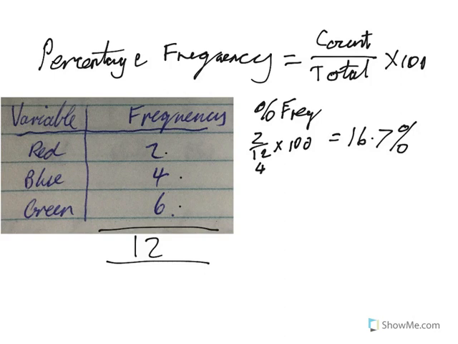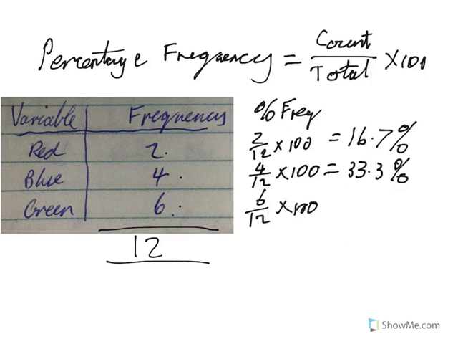For the blue, it's 4 over 12 times 100, which is 33.3%. And the last one, of course, 6 over 12 times 100, and that's 50%. So that's a frequency table, either just a normal straight count or percentage.